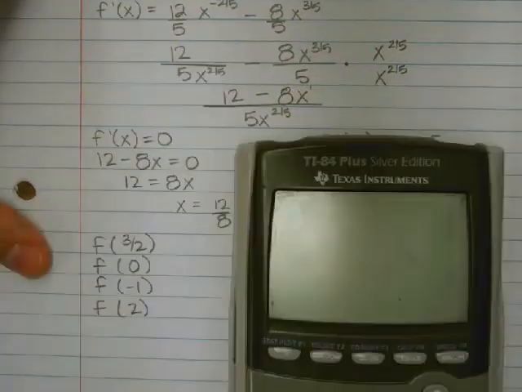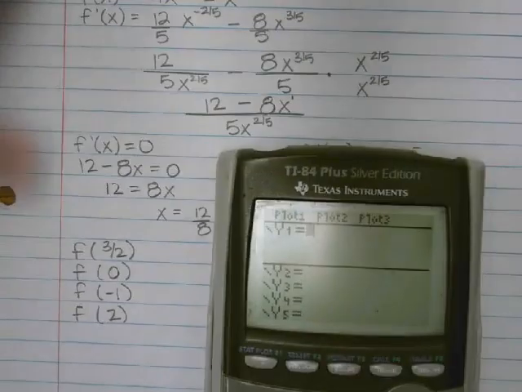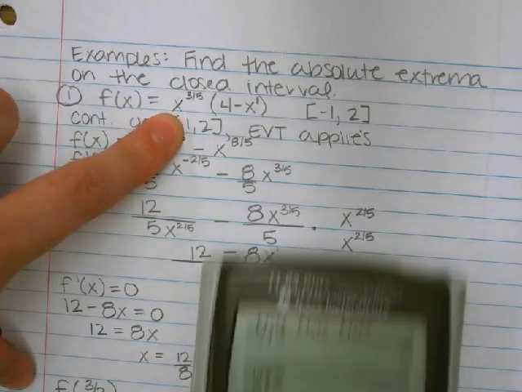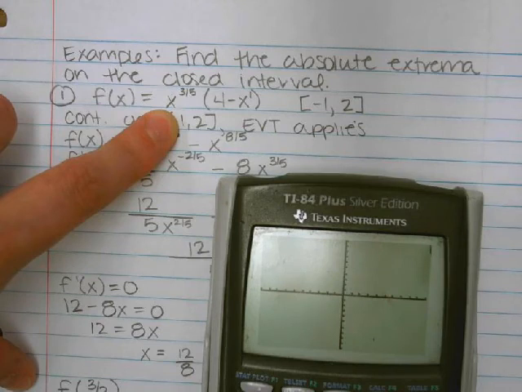To evaluate this, I'm going to ask you guys to typically just graph this. The reason is that it can help you evaluate it easily, but it can also help you check your answers as you go, which is kind of nice. So I went ahead and graphed it. Now to evaluate it at those numbers, I'm going to let it graph.